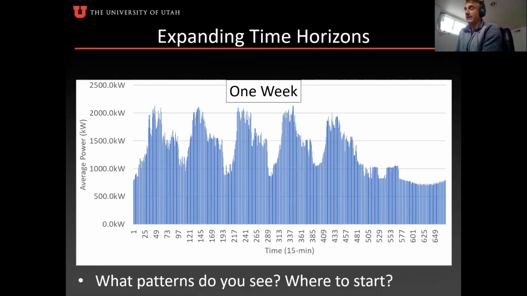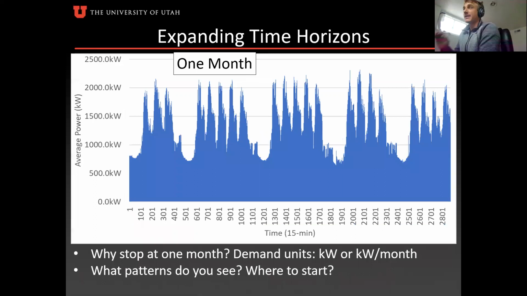So you can see what's to blame for these high demands and figure out what is possible to move around. Maybe they have to run certain things at very specific times, but we want to see this data to be most effective in our demand reduction. All right, so we can expand this out to a month, and you'll see that the pattern persists on a weekly basis.